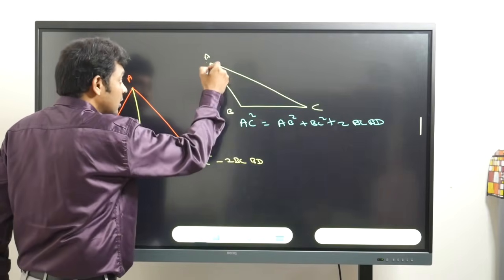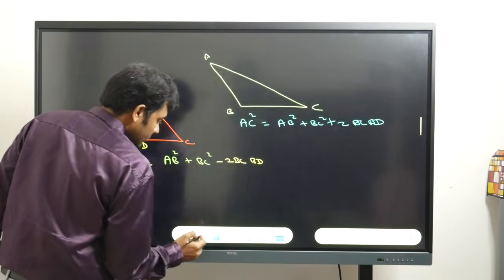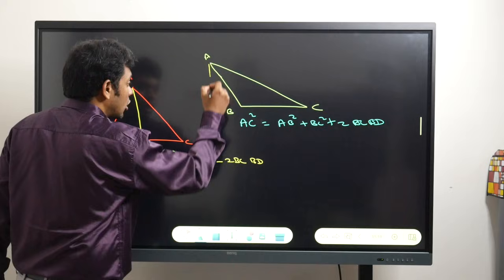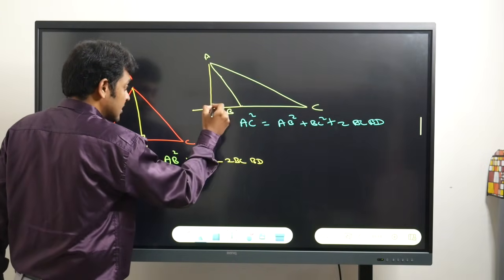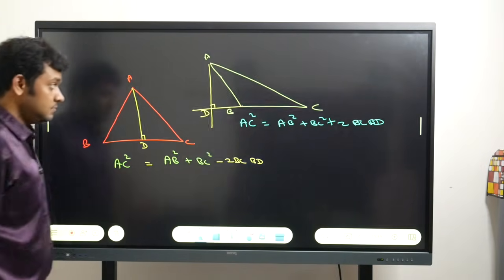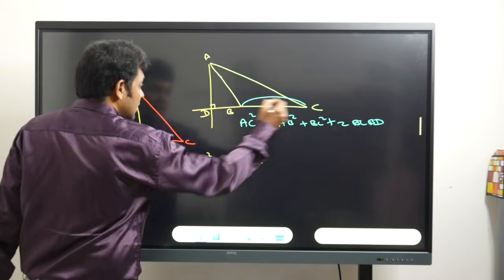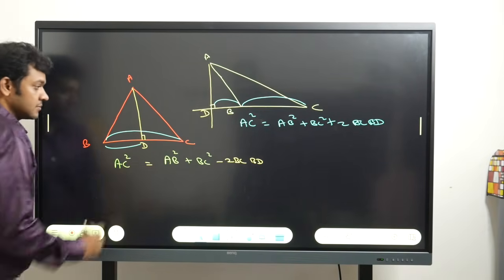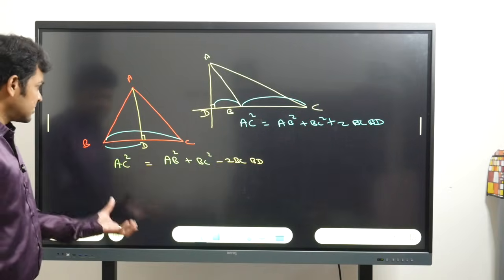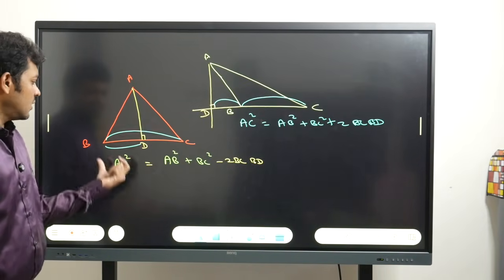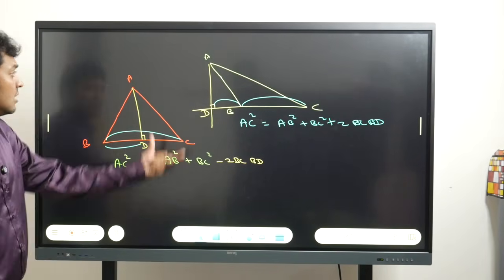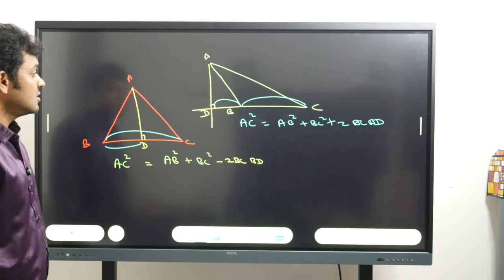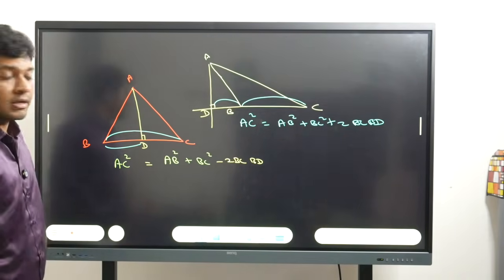D is the foot of the perpendicular dropped to the base. From A, you drop a perpendicular, and I should extend the base. This portion is BD, and BC is this portion. So it's good to know: for an acute angle triangle, AC square is AB square plus BC square minus 2 BC times BD. For an obtuse angle triangle, AB square plus BC square plus 2 BC times BD is AC square.